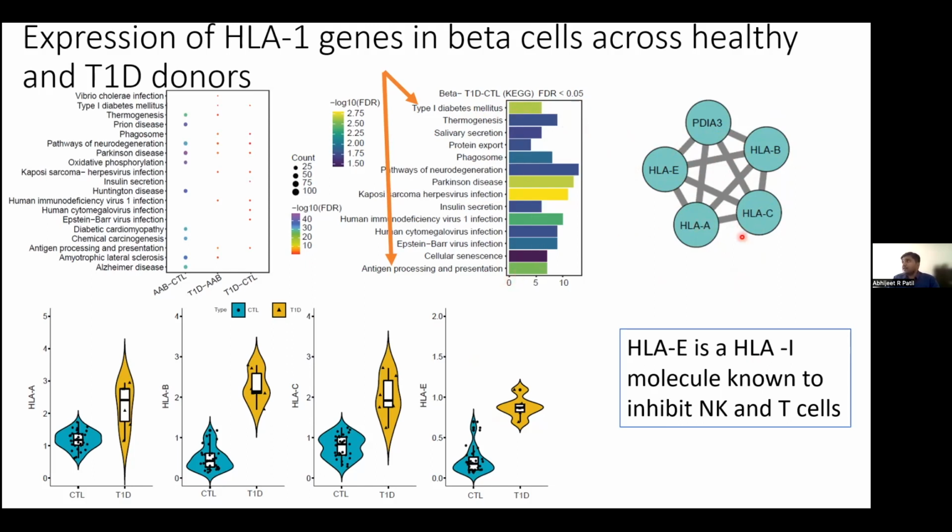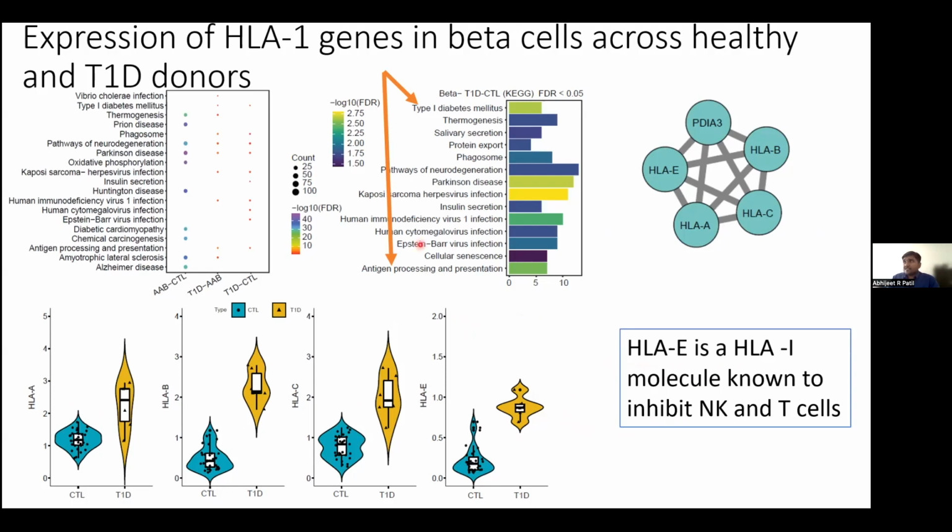We checked the expression levels between control group and type 1 diabetes for these HLA or MHC class 1 proteins, and found that all of these were highly expressed in type 1 diabetes compared to control group. And HLA-E is an HLA-1 molecule known to inhibit NK and T cells, and we see an upregulation of this particular protein in type 1 diabetes patients.